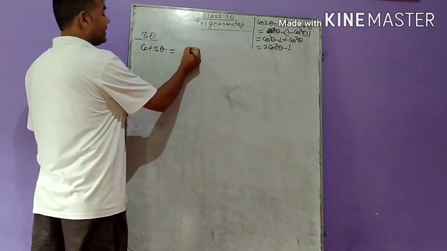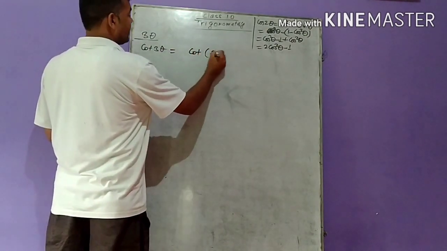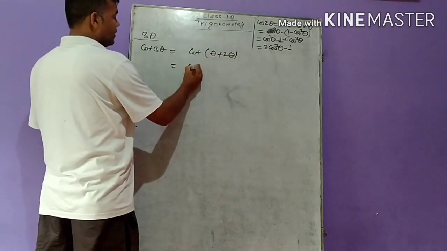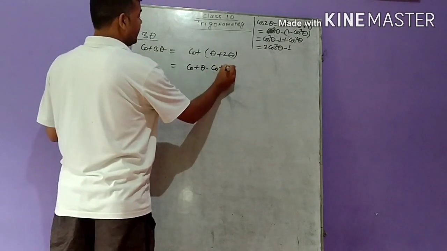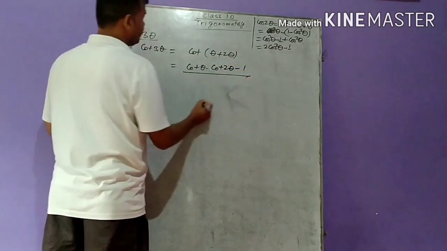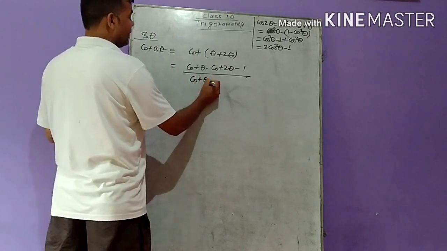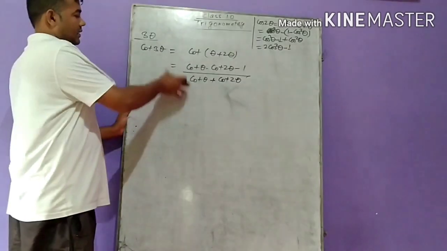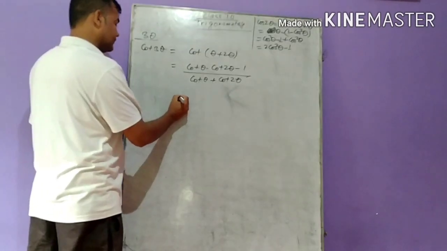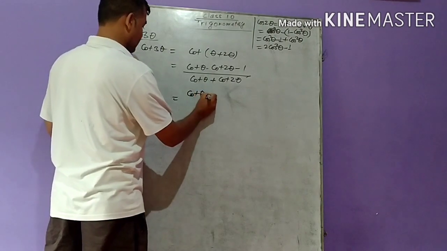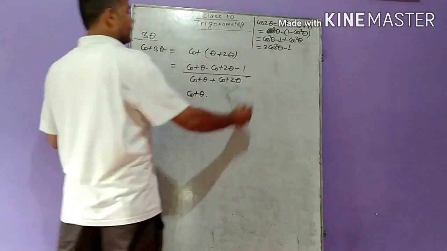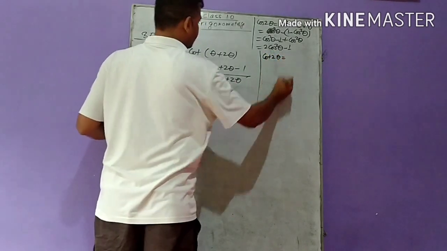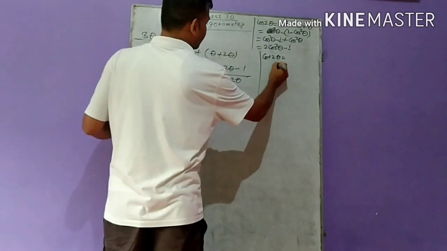So cot 3 theta can be written as cot of theta plus 2 theta. We know that cot of A plus B means cot A into cot B minus 1 upon cot A plus cot B. This is our formula of cot A plus B. Now, cot 2A, we have already studied that cot 2A, or cot 2 theta, equals how much?